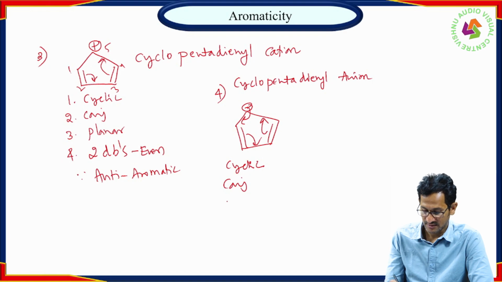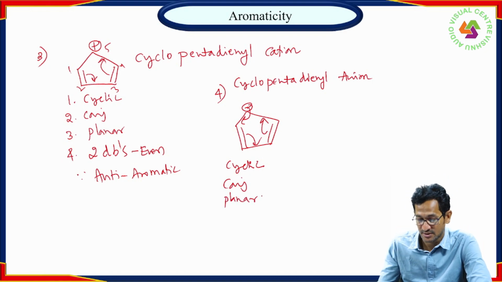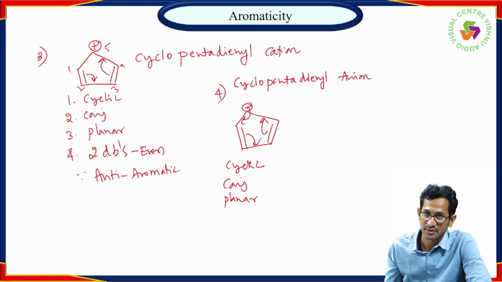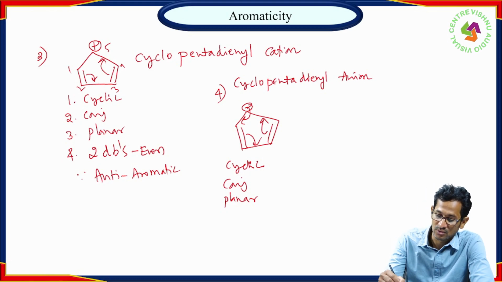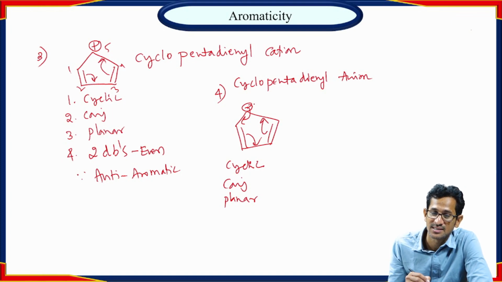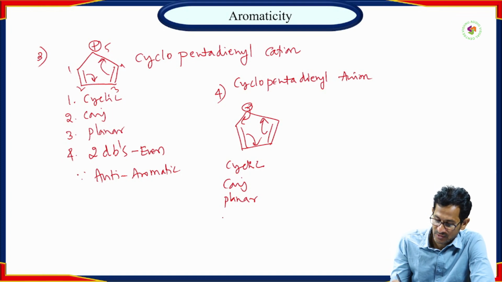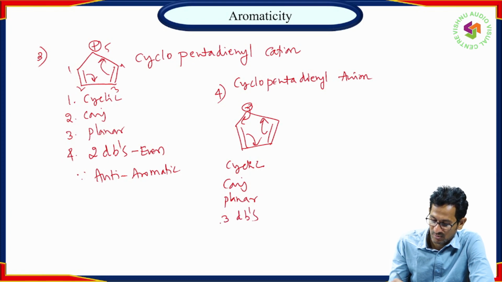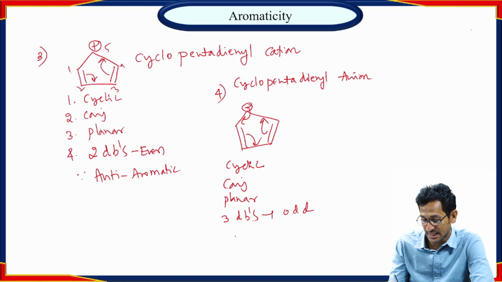So once that is a conjugated molecule, that is planar in structure. So all three conditions are satisfied. Now count the double bonds. I already told you that if you find a negative charge, treat it as a double bond. So therefore, 3 double bonds, odd number. Therefore, cyclopentadienyl anion is aromatic.